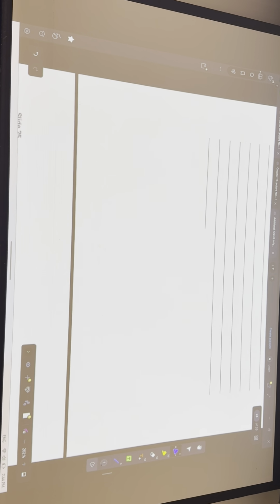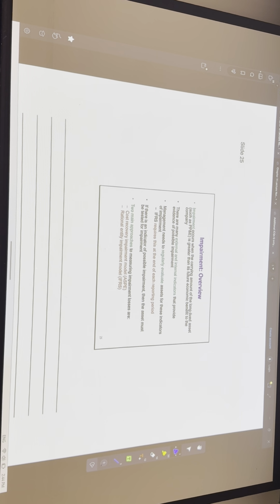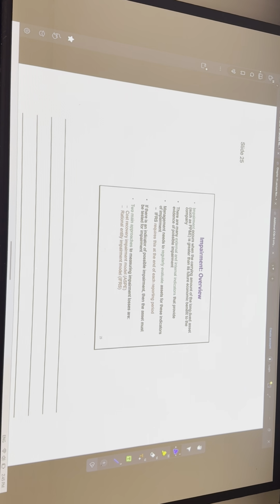All right. Now, this is where I want to get to, because this is something you are not familiar with. It's called the impairment test. Okay? And the impairment test is where you have to make the effort to assess whether the asset value has gone down. All right? So that's the impairment test. Okay?